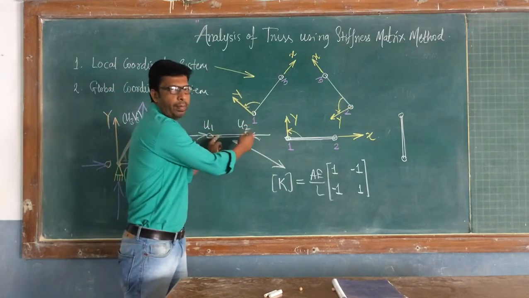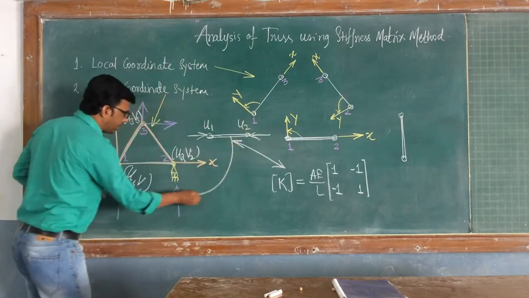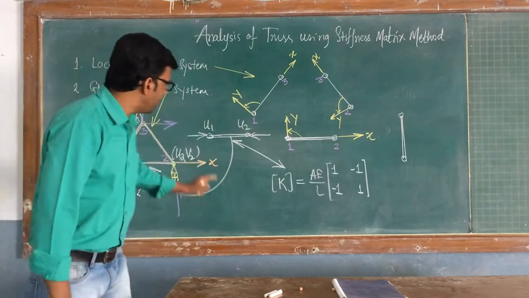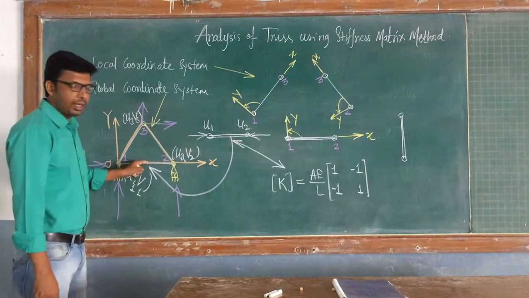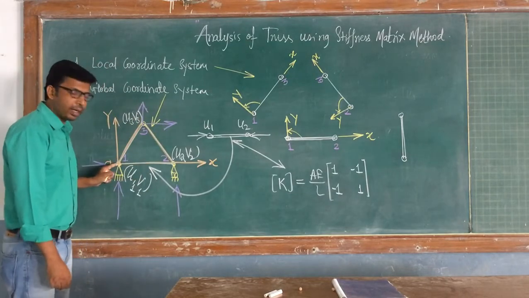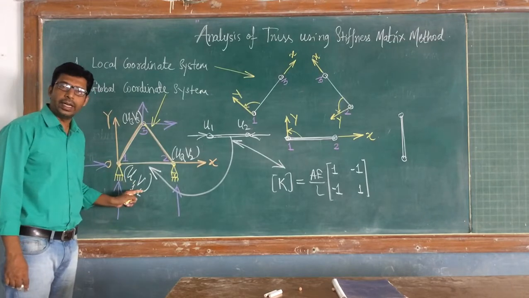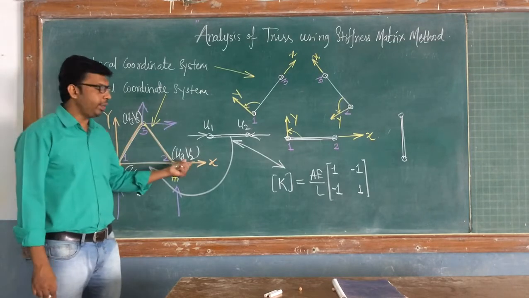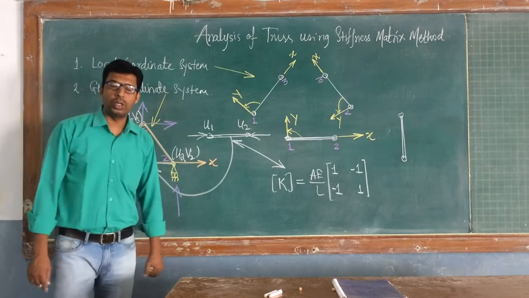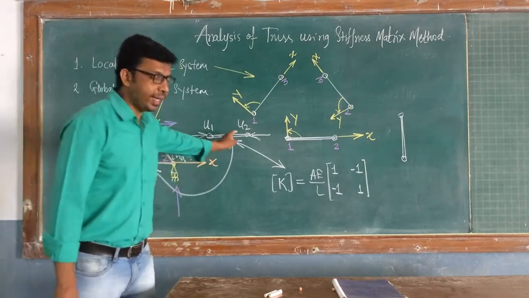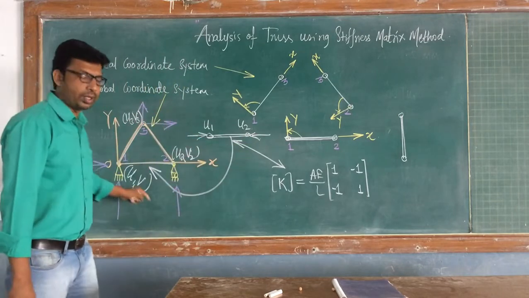But when the same bar member is used in the truss, at each node of the bar there are two displacements, horizontal displacement and vertical displacement at the first node. Similarly, two displacements at the second node. The number of displacement unknowns becomes 4 when the same bar element is used in the truss.